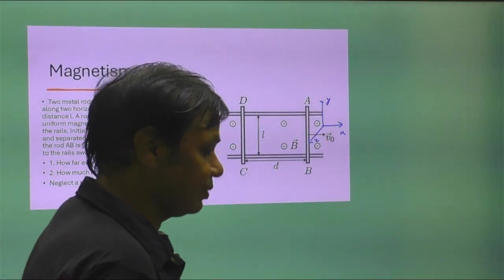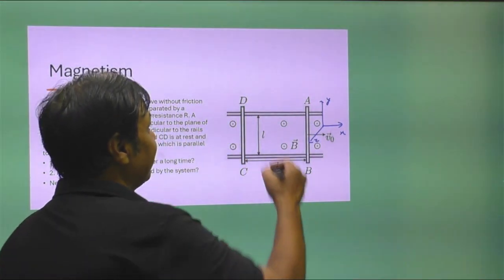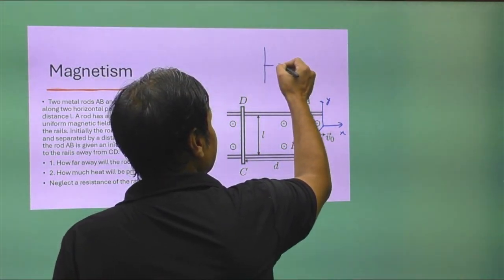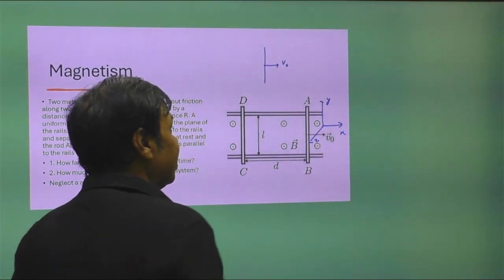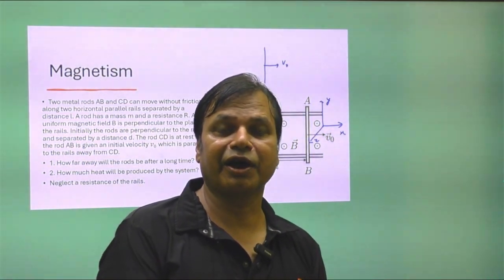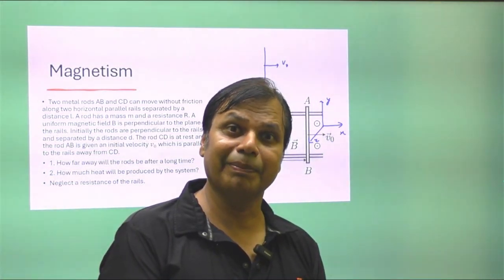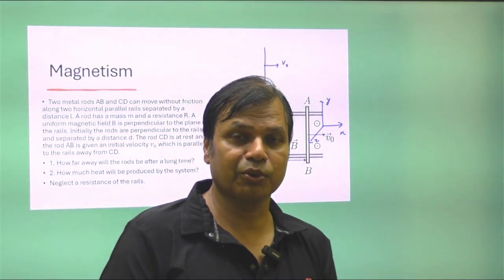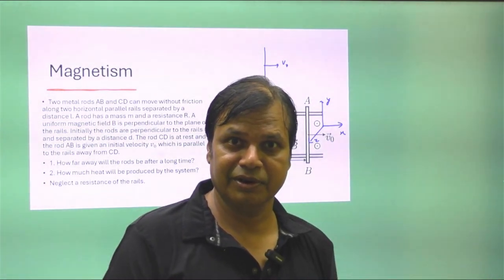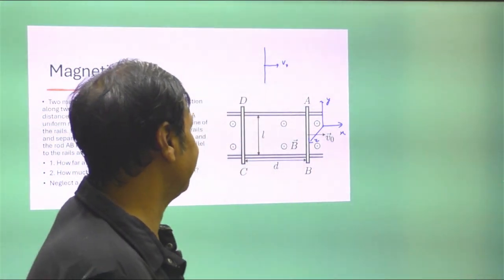That means whenever we provide this rod a velocity in a magnetic field, it will start acting like an EMF source, a battery. Its role has been changed. It has now been converted into a battery.